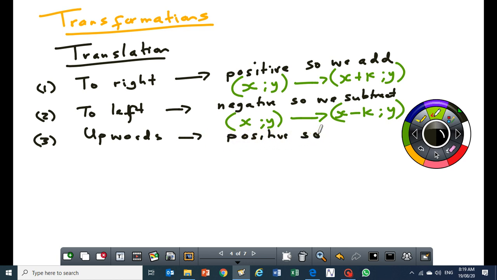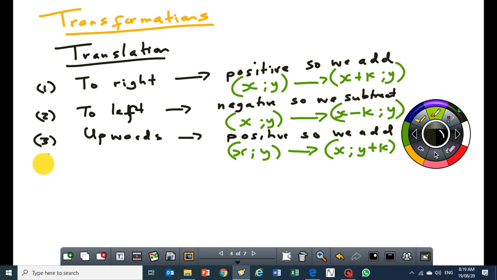So we add. And we are now dealing with y. We are now in the vertical direction. So forget about x. So your rule, it will be xy. That point is moved by k units upwards. So you end up having x, and then you have y plus k.